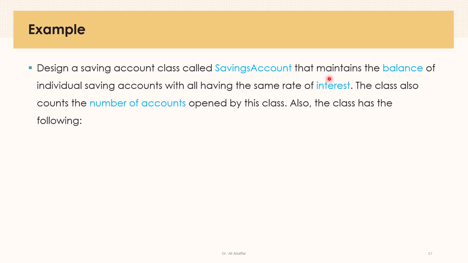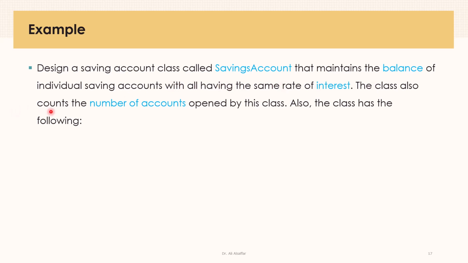Since we need to maintain a balance for each individual savings account, we are going to define balance as an instance variable, because we need a copy in every object created from this class. However, since we need the same rate of interest for all savings accounts, we will define the interest rate as a static variable because it is going to be shared by all objects created from this class.